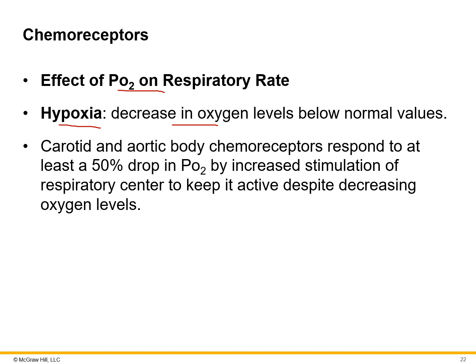So when the oxygen levels drop, what's going to happen is the carotid and the aortic chemoreceptors, again, receptors that are looking for changes, whenever they detect a drop in that partial pressure that's at least 50% of a change, that's increased by stimulation to the respiratory system to keep it active despite the decreasing oxygen levels. So again, it's kind of switching that control to those chemoreceptors whenever that partial pressure drops too low.